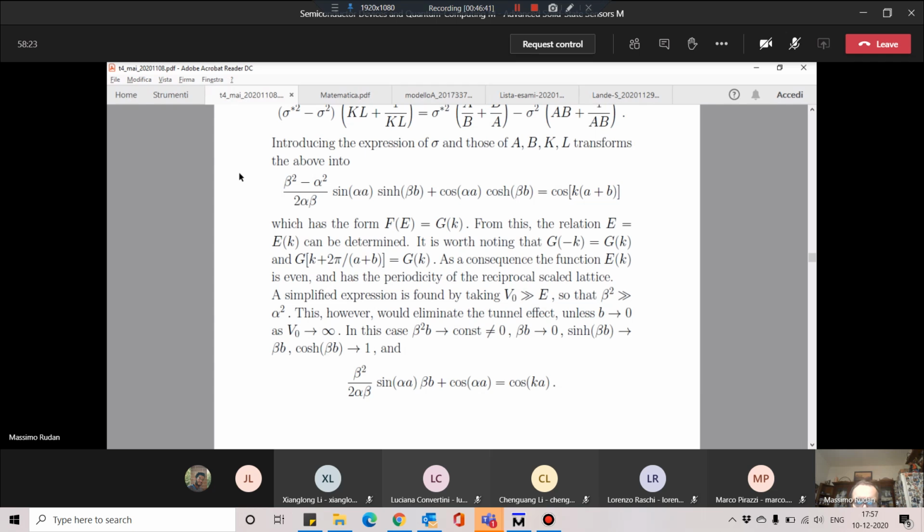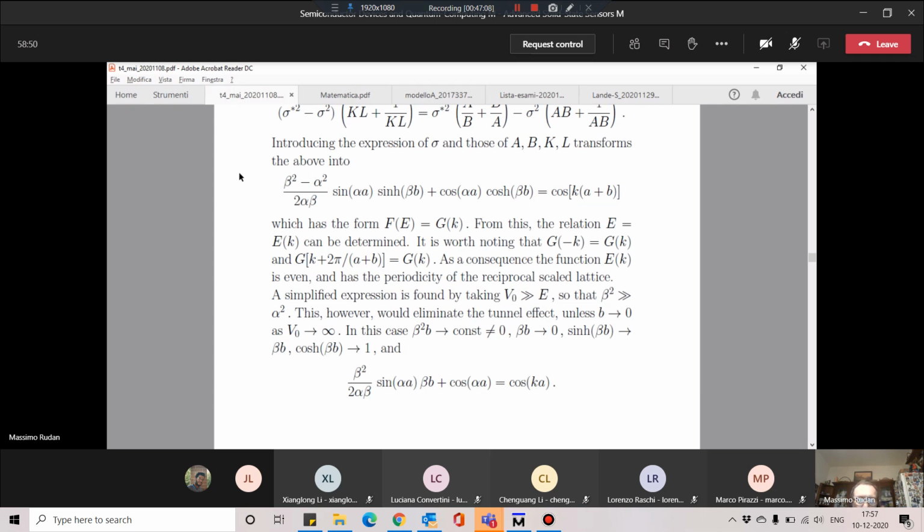Remember that A and B are structural parameters. They are simply the period of the lattice. So they are given everywhere. When you see A and B, they are given. Alpha and beta depend on energy, but not on the k vector.